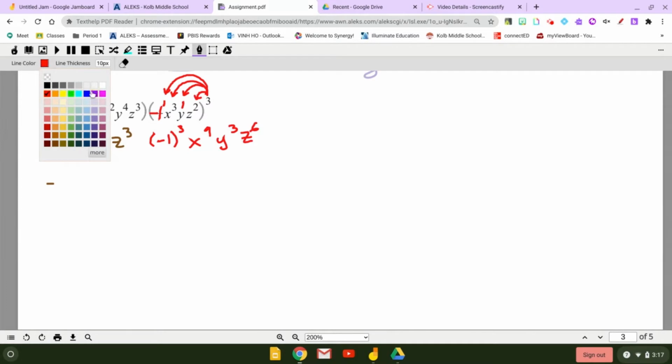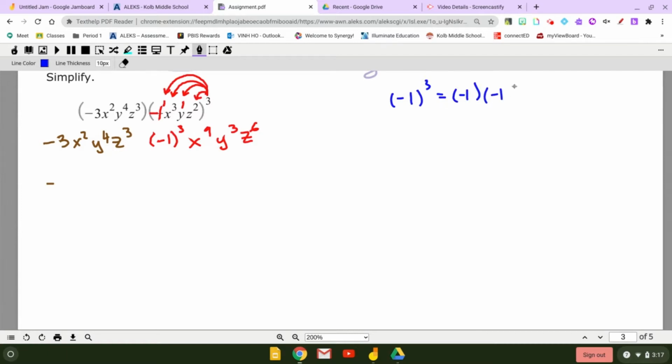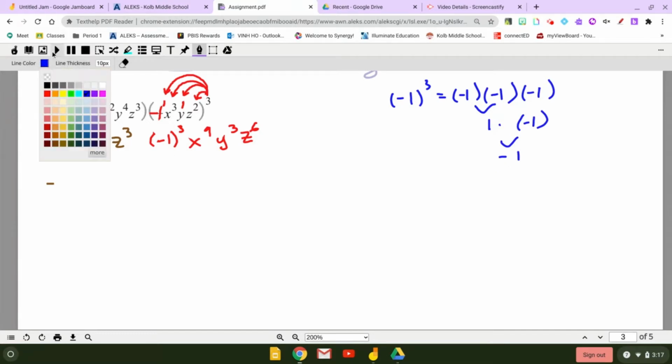Now negative 1 to the 3rd power would be negative 1 times negative 1 times negative 1, 3 times. Negative 1 times negative 1 is positive 1, times another negative 1, which will be a negative 1. So I'm going to rewrite the first group.